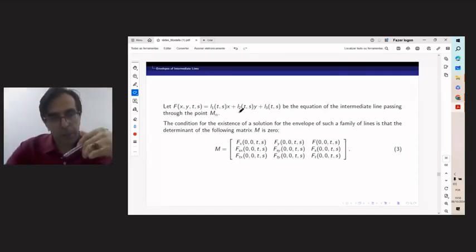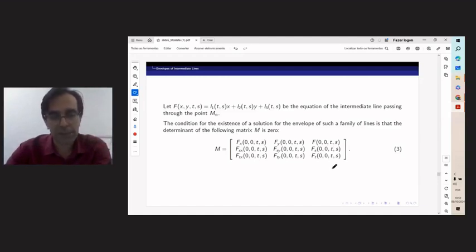By using this parameterization, we should have the parameterization for our family of lines. This F now is the equation of the intermediate line, and the condition for the existence of a solution simplifies to this determinant being 0.